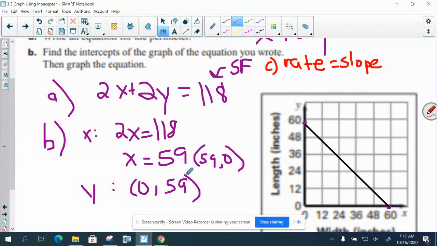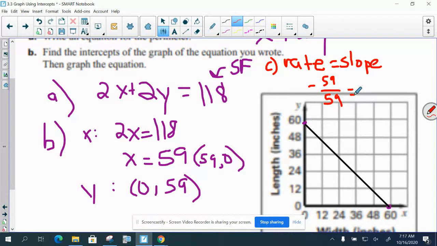What we have to do is find the slope between these points. You can use rise over run or the slope formula. I'm going to use rise over run, going from the left point to the right point. Always go from left to right, like you're reading a book. From this point to that point, you rise down 59, so negative 59, and you run positive 59.